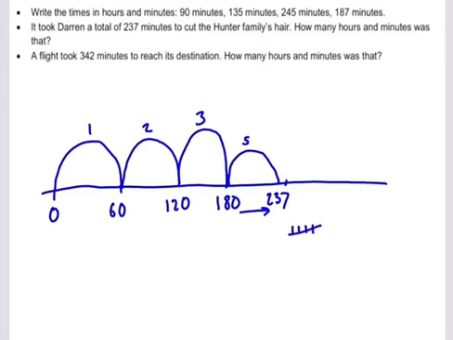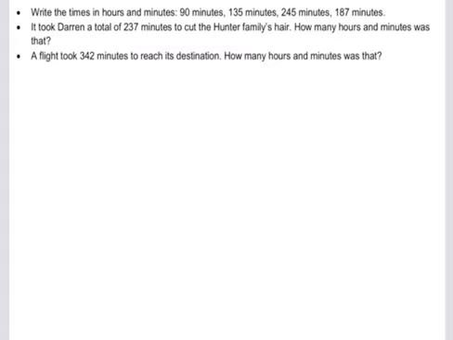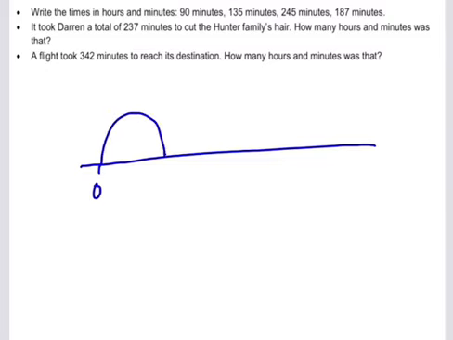Okay. A flight took 342 minutes to reach its destination. How many hours and minutes was that? Right, it started at 0 hours, 0 minutes. In 60 minutes, it had done an hour. In 120 minutes, it had done 2 hours.